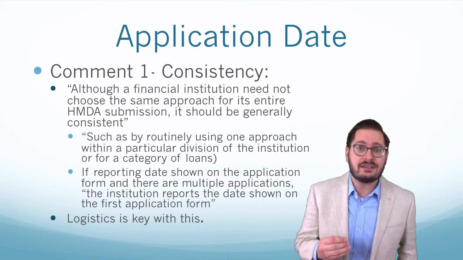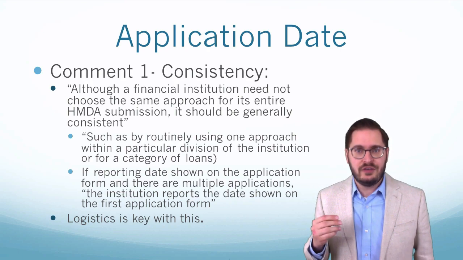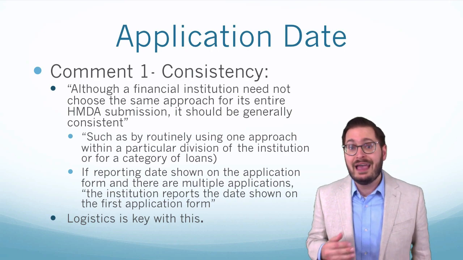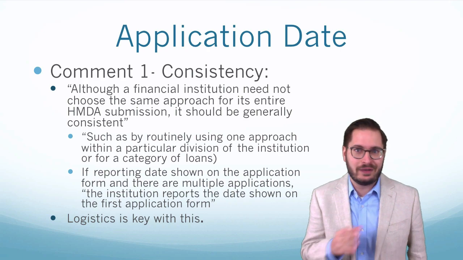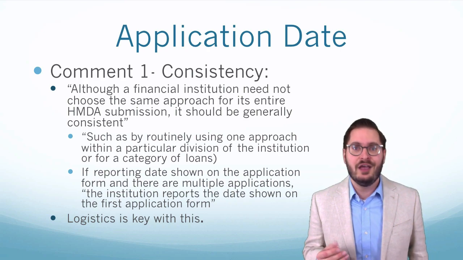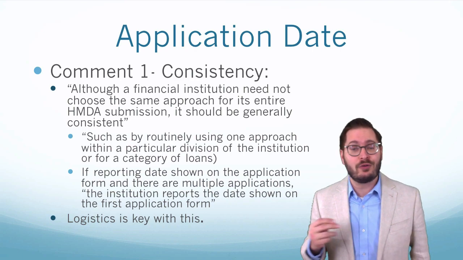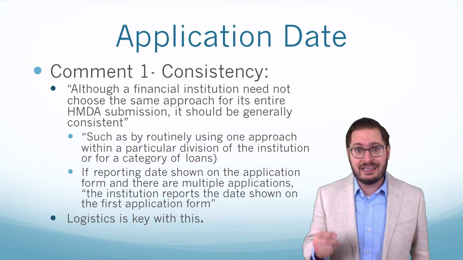So the best practice in what you can do is to define what you're going to use when. And you basically build an if-then statement, which you would use in Excel, but an if-then statement for how you process and collect the application date. So for example, if there are multiple applications, use the first. If the loan officer signed it, use that date.